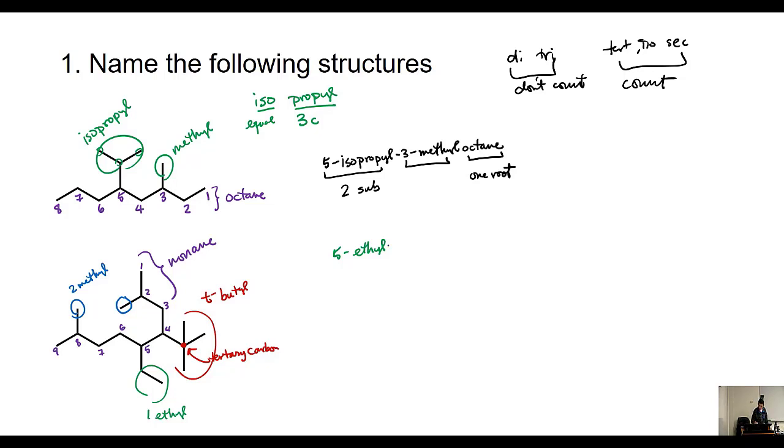So it'll be 2, 8 dimethyl, and then I have 4 tert butyl, no name.